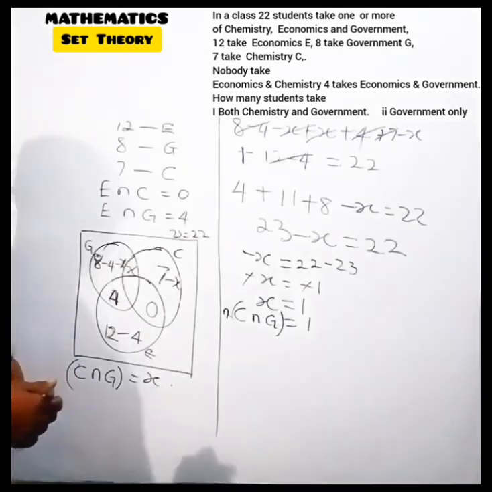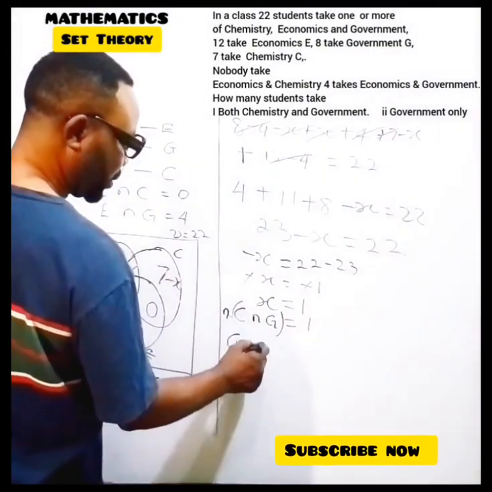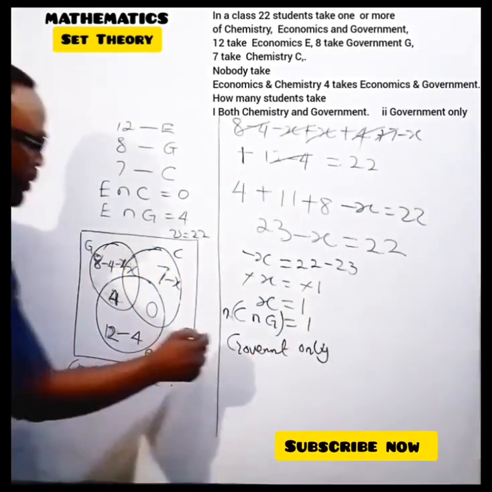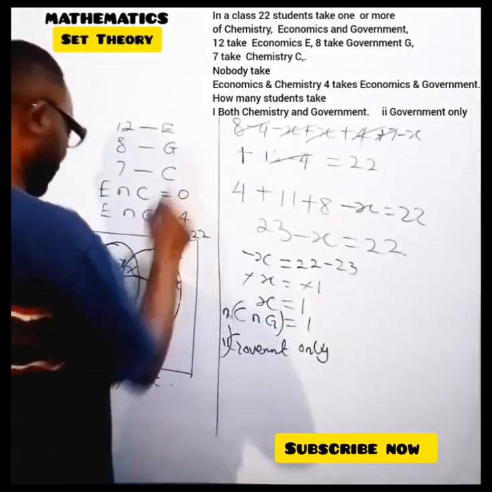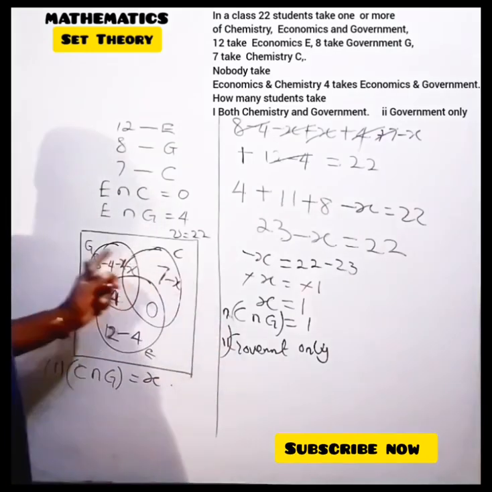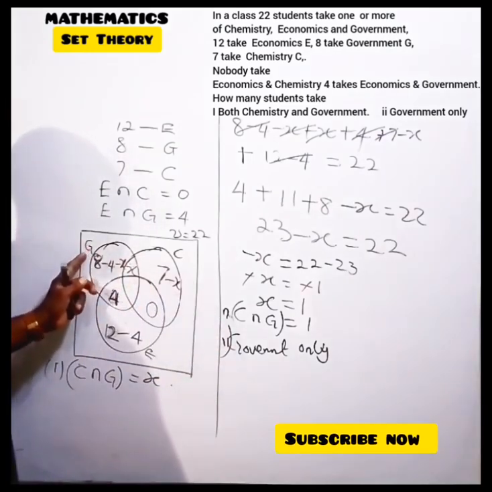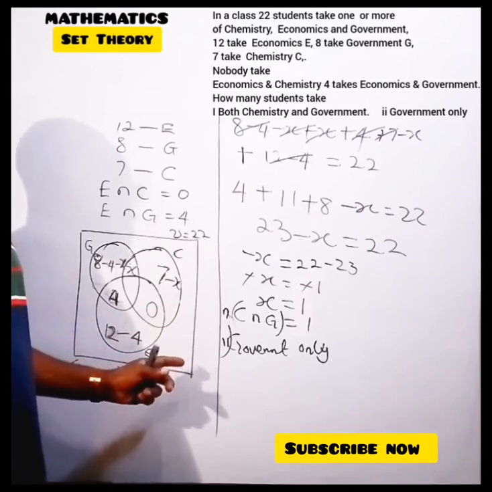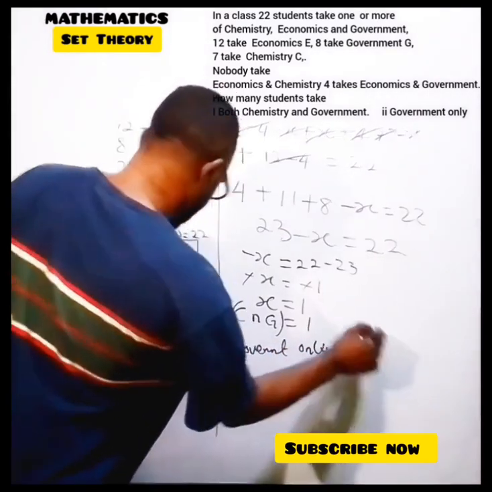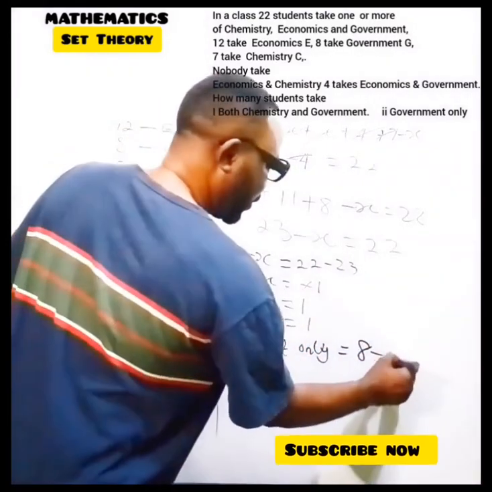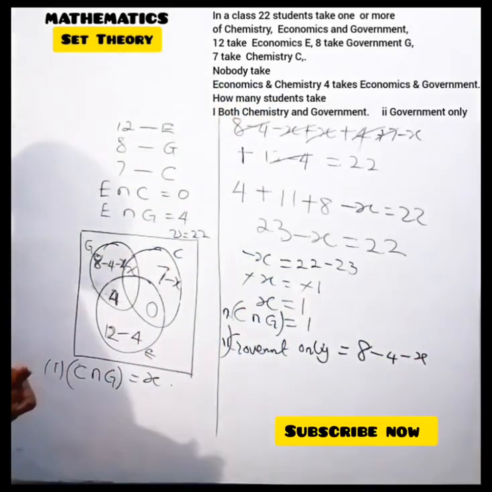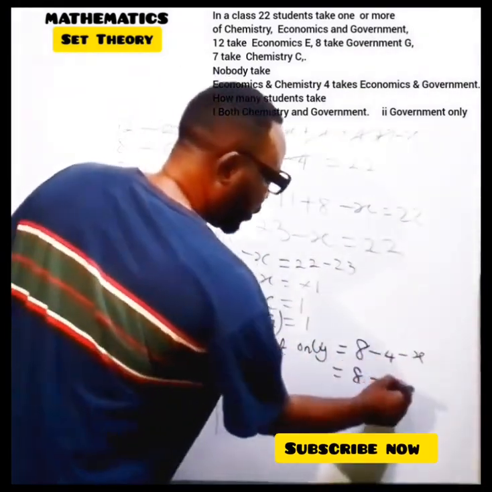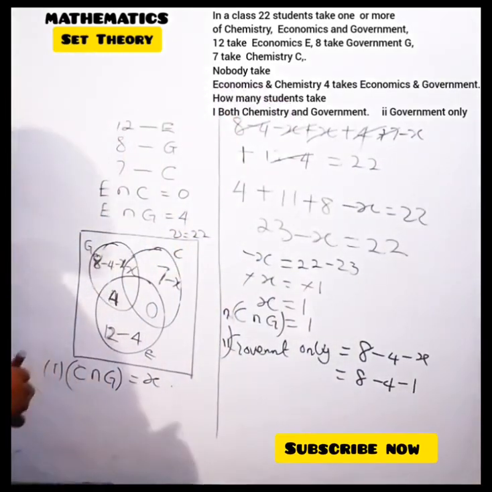Now for government only, that is the second question. For those students that take government only, that will be 8 minus 4 minus x, which is equal to 8 minus 4 minus 1.